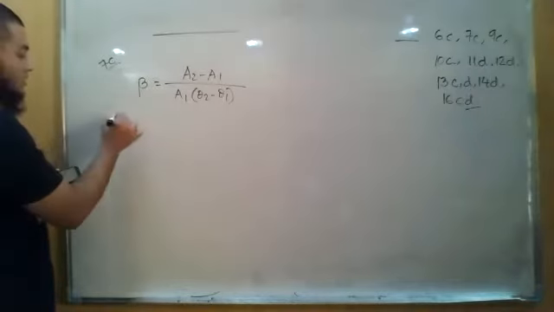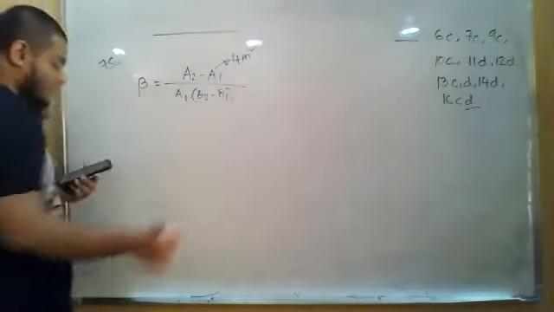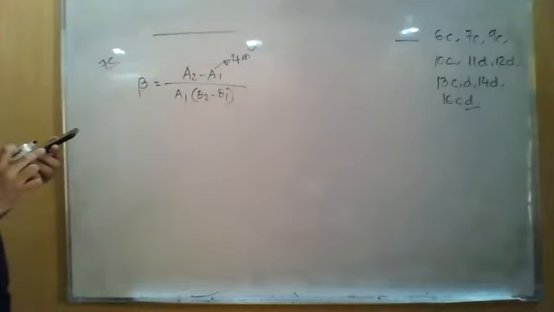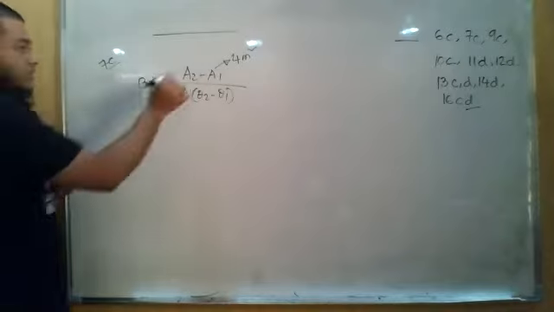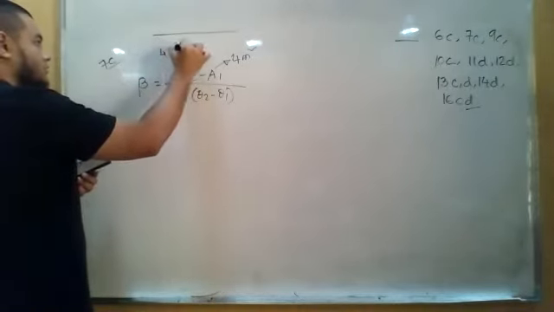So initial A1 is 4 meters square for every one. When number 1 plate is heated to temperature 175 degrees Celsius, its surface area becomes 4.033 meters square. So A2 is given as 4.033.